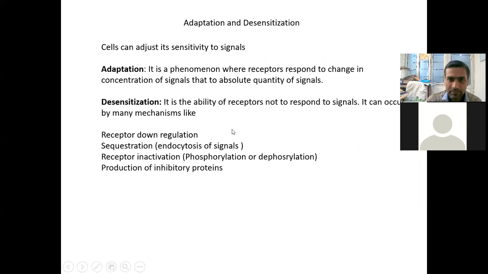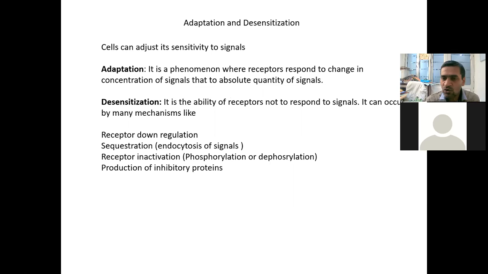In the context of cellular signaling, there are two terms. In the Alberts book also you will find two terms, adaptation and desensitization of the receptors. So what is adaptation? Adaptation is a phenomenon where receptors respond to change in concentration of the signals, that is, to the absolute quantity of the signals. Adaptation means it can adjust the response.